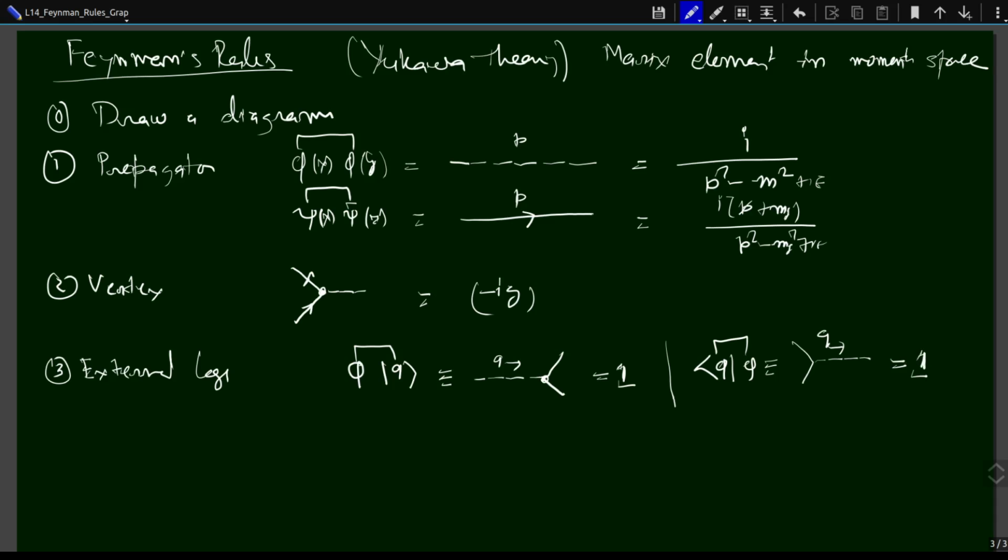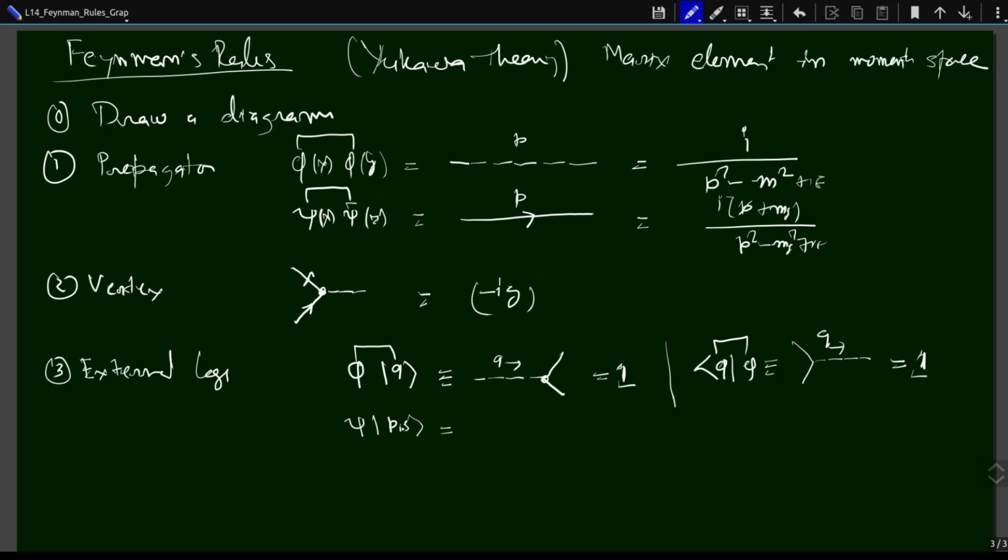For scalars, this is exactly 1. Now for incoming fermions, incoming fermions is like psi acting on a single particle state.